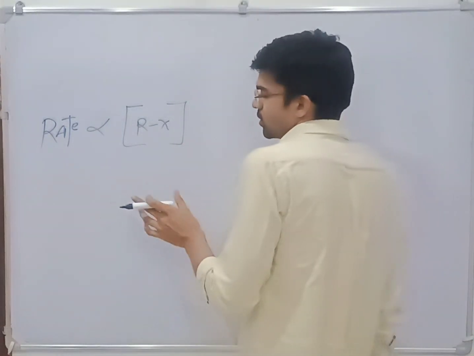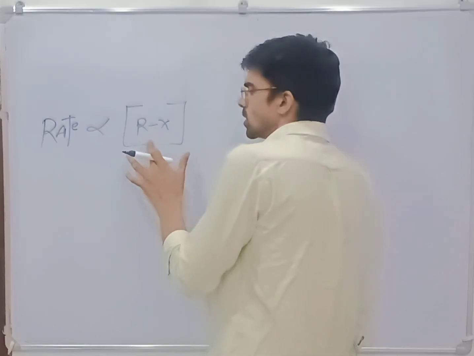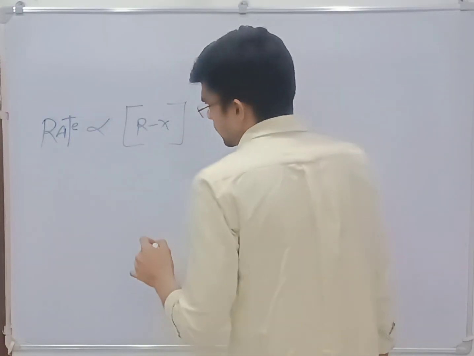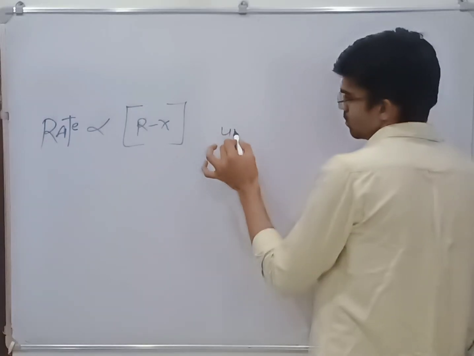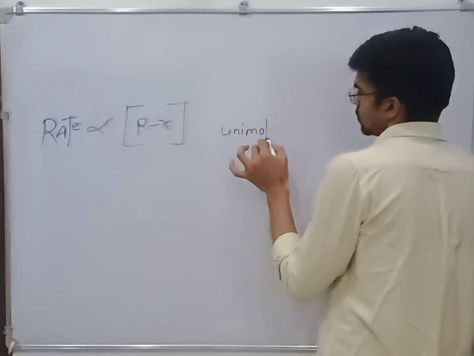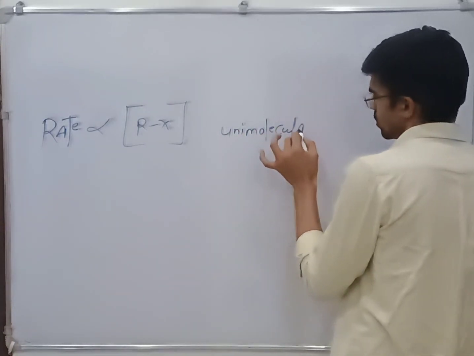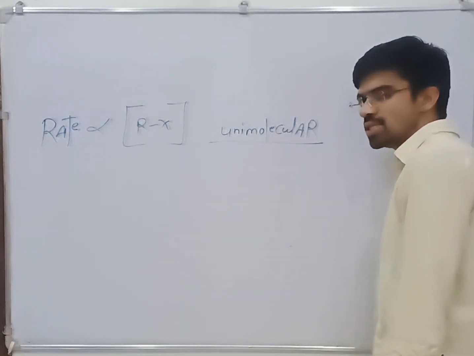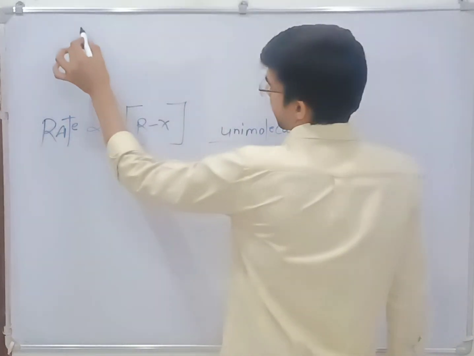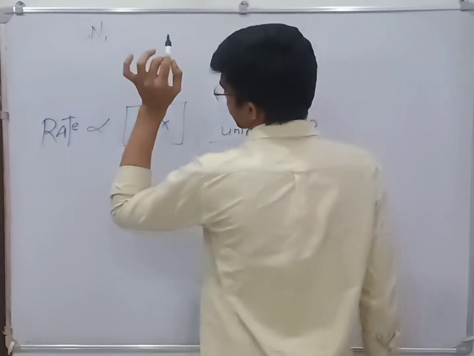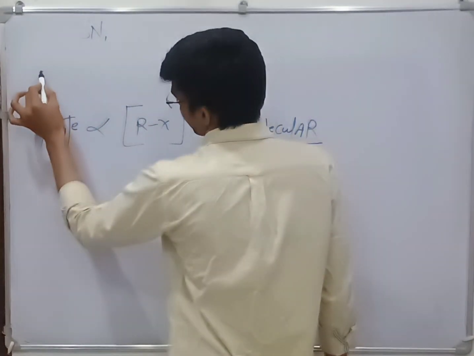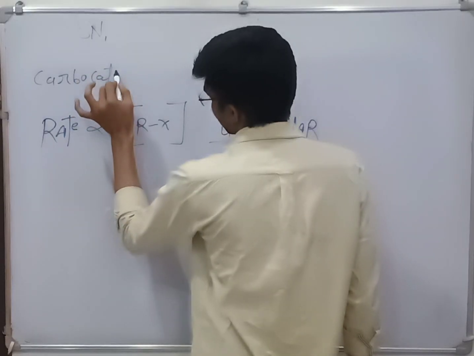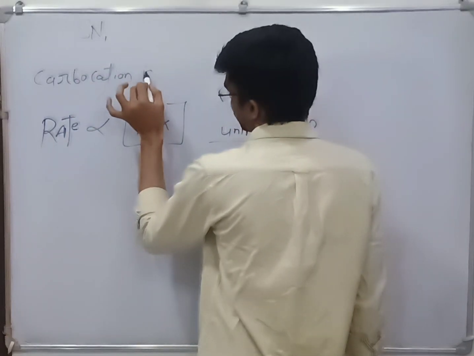So it only depends on the concentration of one molecule, that is why it is called unimolecular. And in this reaction a carbocation is also formed.